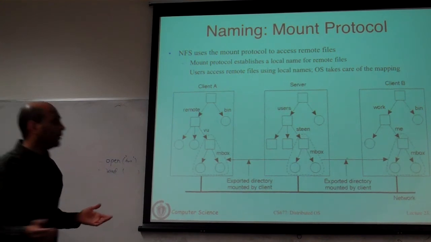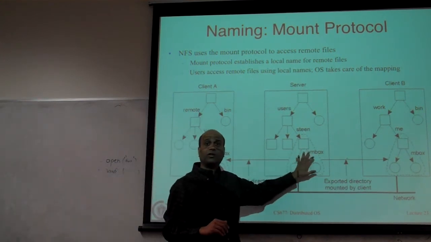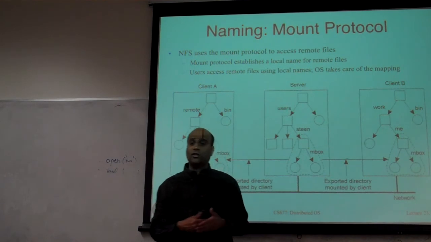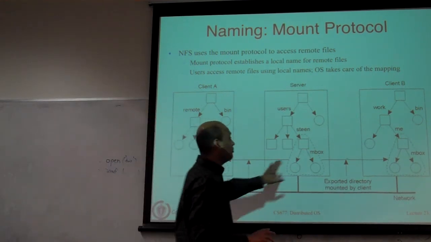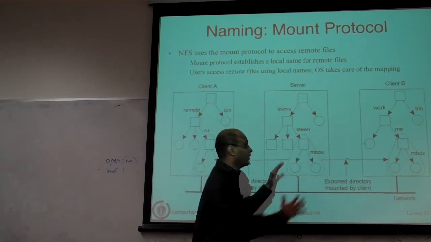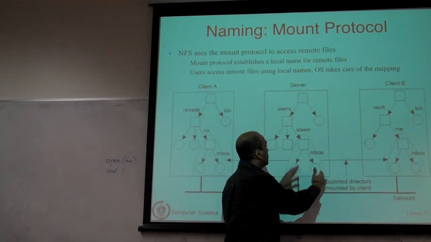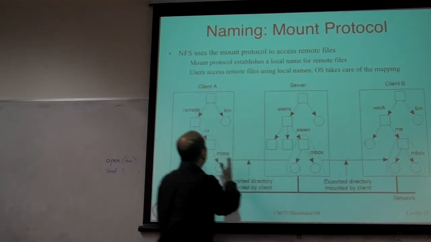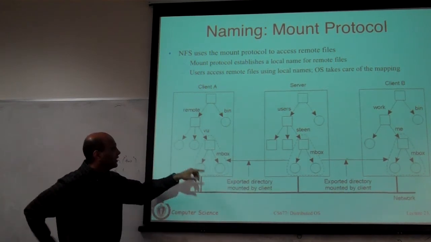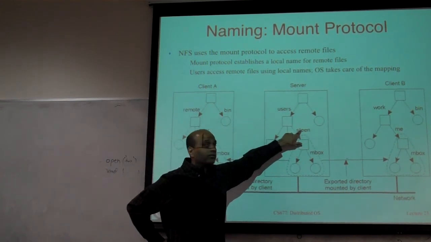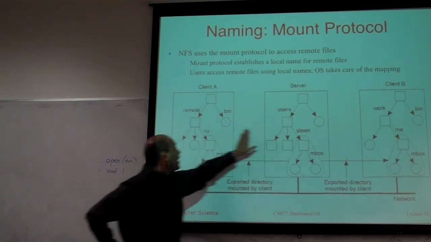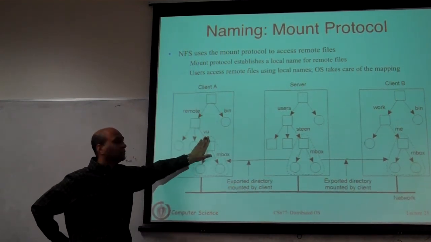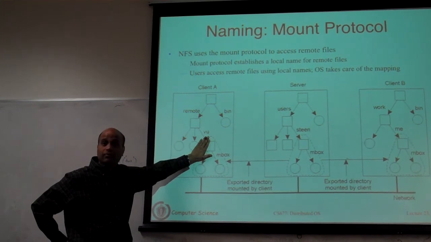Okay, so it's assumed that home directories are stored on the server and any client can essentially run the mount protocol to access it. So what happens when you run the mount protocol is you establish a mapping between certain parts of the subtree stored on the server to the client. Okay, so in this case, this is the subdirectory of this user and all the files that are stored in that home directory. These are mapped onto this client machine under this part of the local subtree.